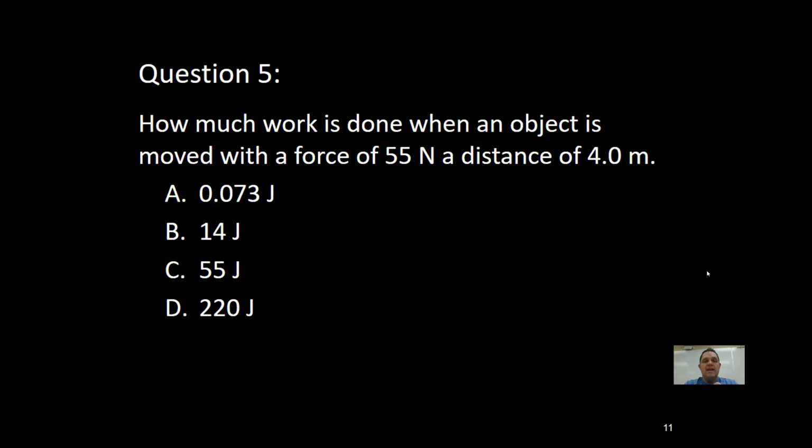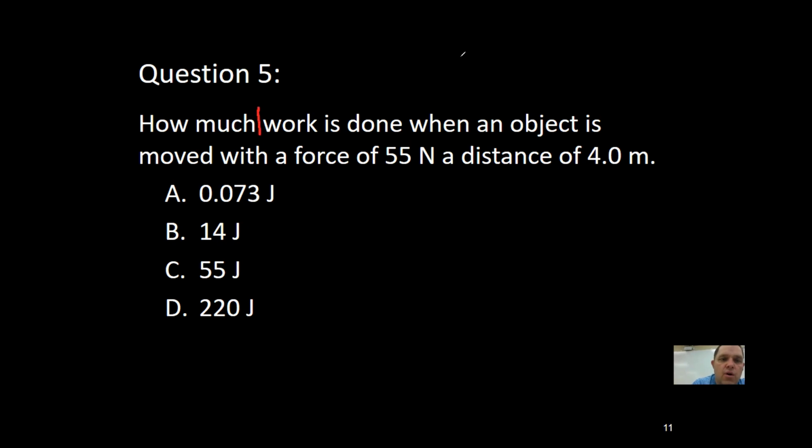All right, now let's hit a math question. Now we have all the answers here, but let's go through it. How much work is done when an object is moved with a force of 55 newtons, a distance of 4.0? Now, off the top of my head, I'm looking at this, and what is it asking for?